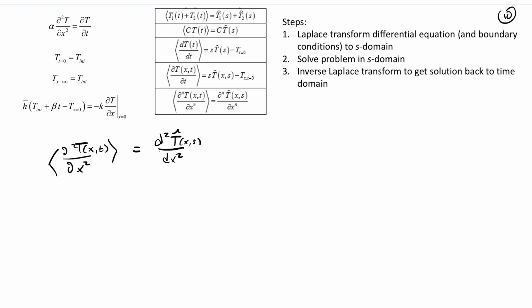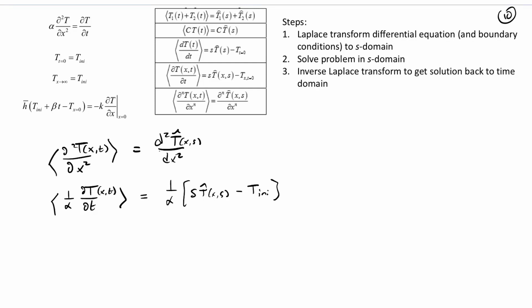Okay, so continuing on, let's take the Laplace of the right-hand side. So we brought 1 over alpha, so that would be partial of temperature with respect to time. Again, this is x and t. So the Laplace of this is going to be 1 over alpha, that's a constant, times s times t hat, which is a function of x and s, minus t at time equals 0, which is t initial.